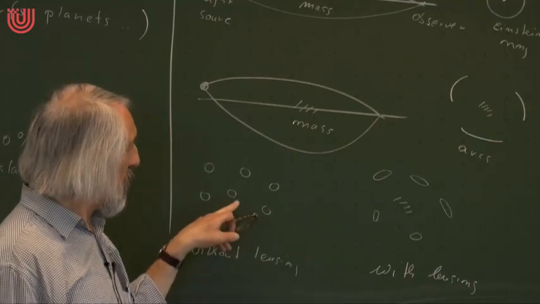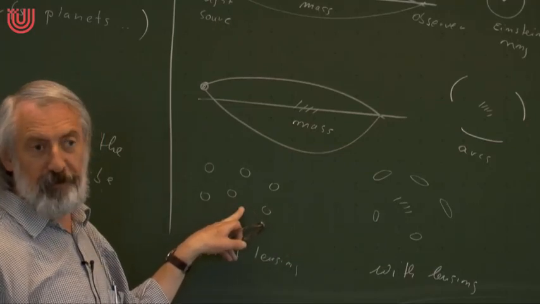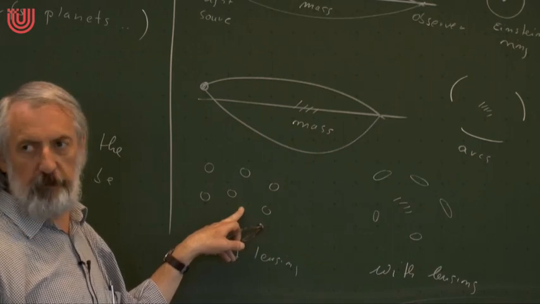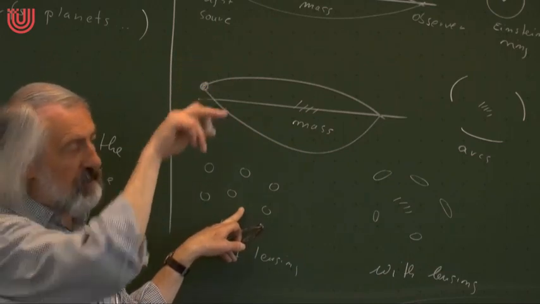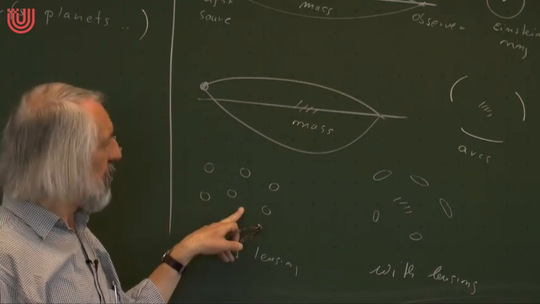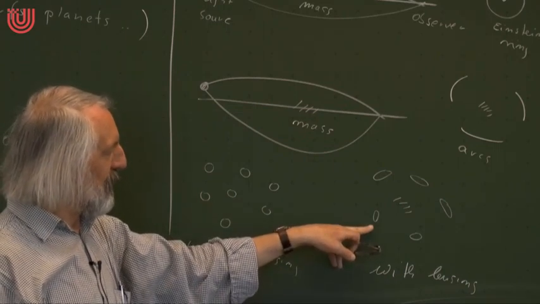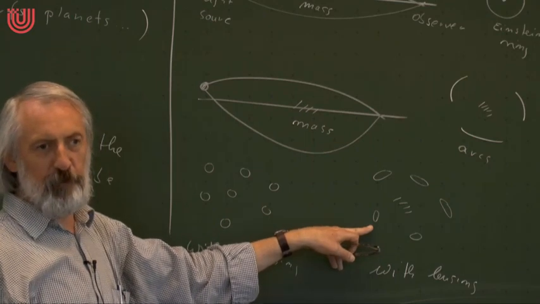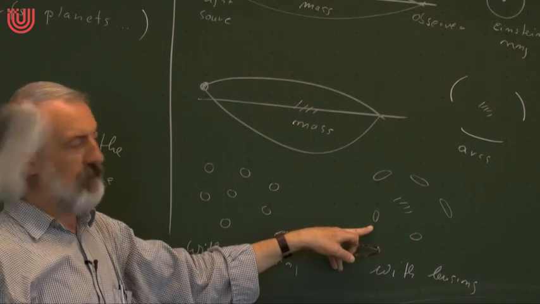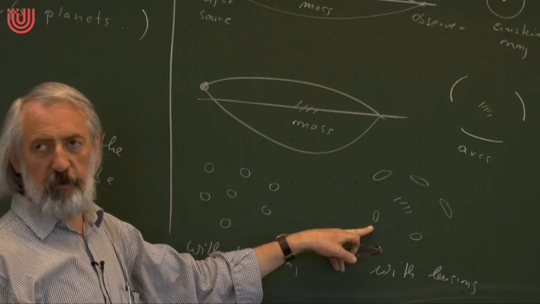Now, unfortunately, already the intrinsic shape of the galaxy is roughly elliptical. So galaxies in the sky have roughly an elliptic shape. So how should we distinguish the true shape of the galaxy from the effect of the lensing? Well, this can be done with statistical methods.